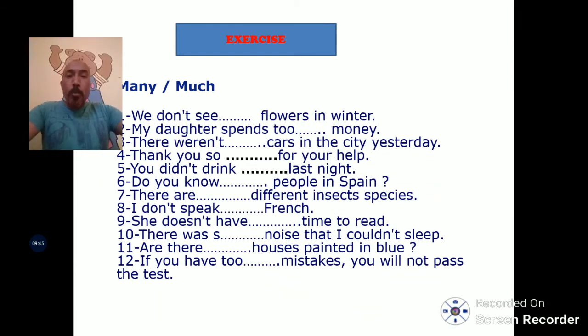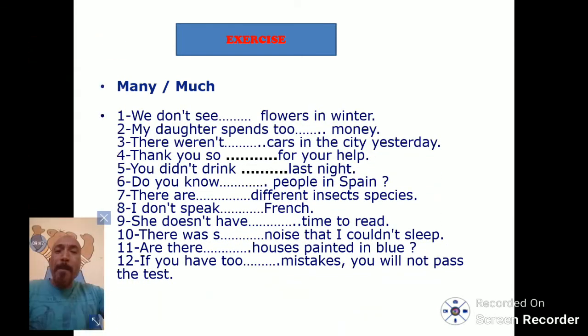Now we are going to solve these exercises. Use many and much in these exercises. The first sentence: we don't see flowers in winter. My daughter spent too money. There weren't cars in the city yesterday. Thank you so for your help. You didn't drink last night. Do you know people in Spain?